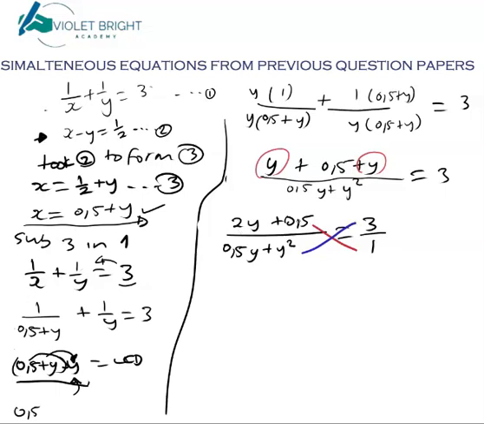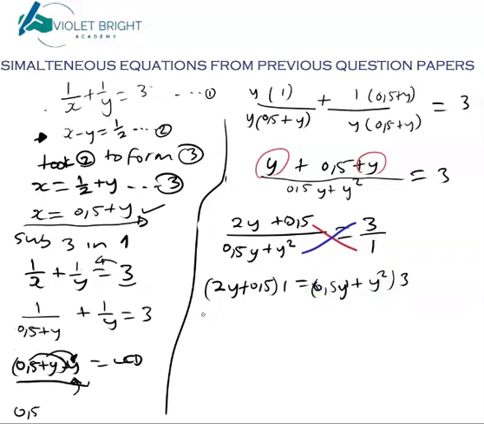So it's 2y plus 0,5 multiplied by 1. It's just that. Okay, let me just do this one. And this one 0,5 y plus y squared multiplied by 3.